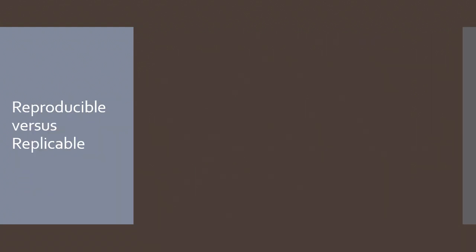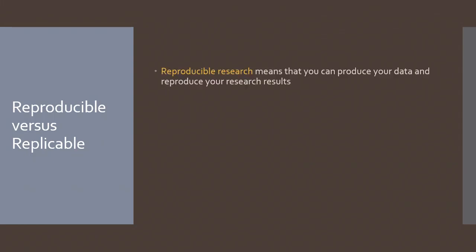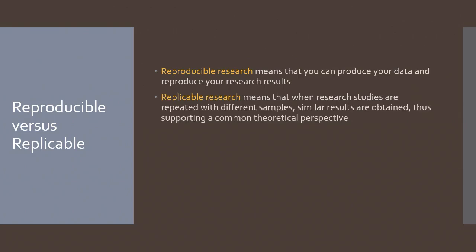I want to make sure you're clear of the difference between reproducible research and replicable research. These two terms are often confused, so let's look at each of them. Reproducible research means that you can produce your data and reproduce your research results. That's what we're going to be focusing on.